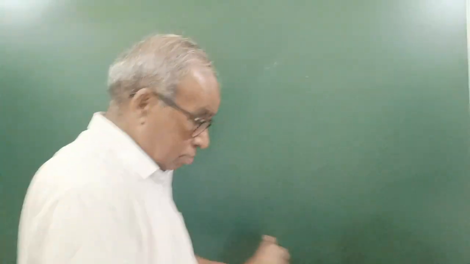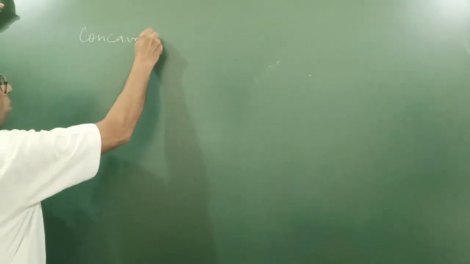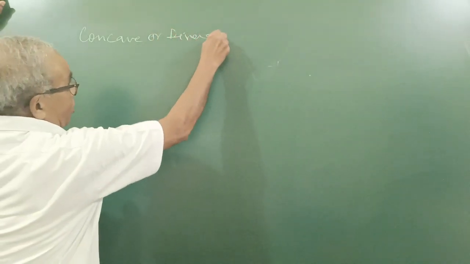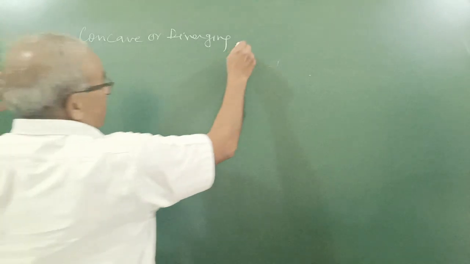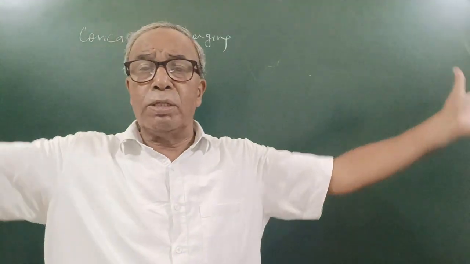Now the concave lens, where you are supposed to make mistakes. Call it concave lens or diverging lens. Remember this name, diverging, then you will not make a mistake. Diverging means the rays go away from each other.